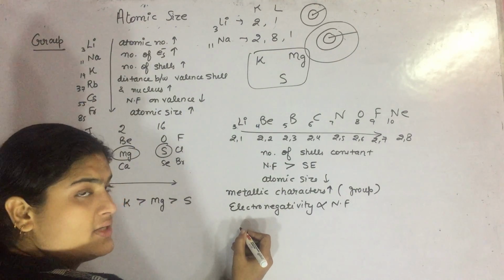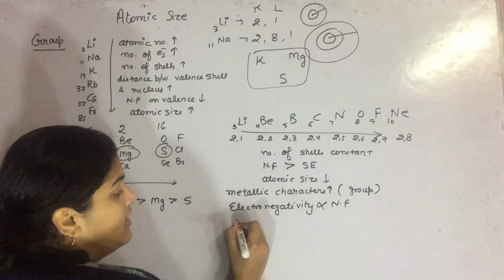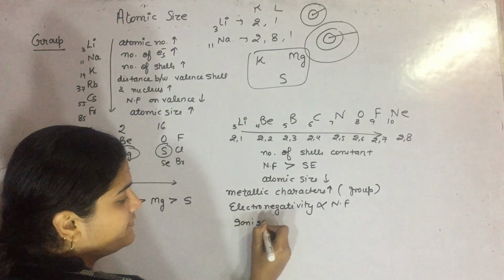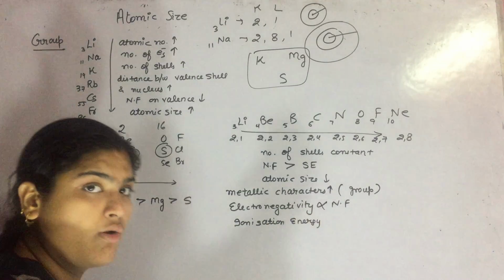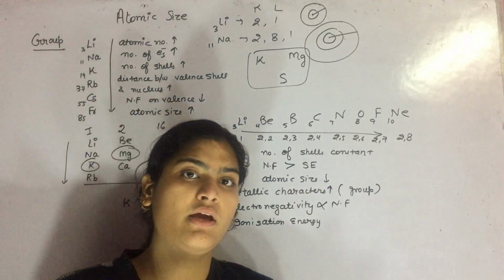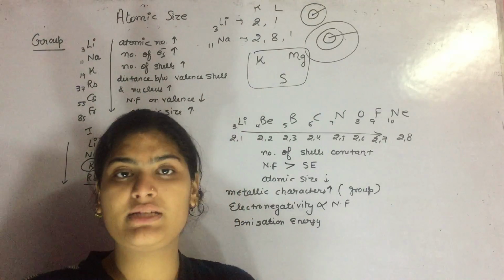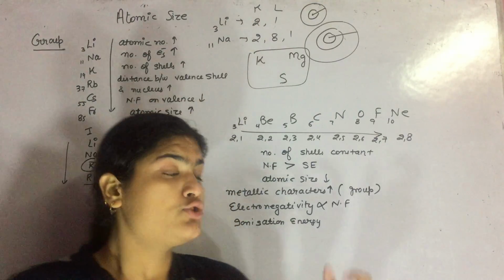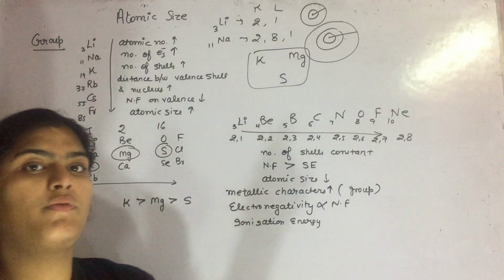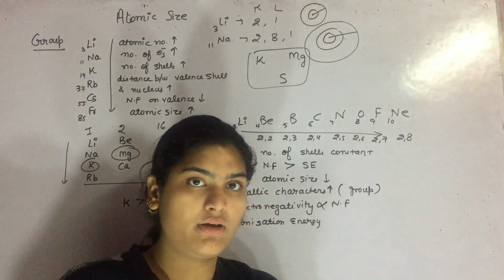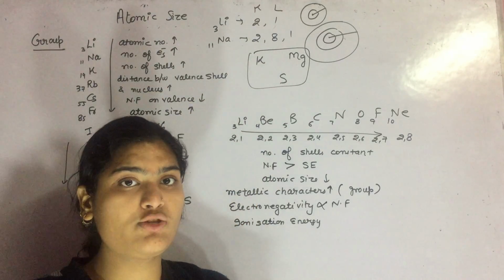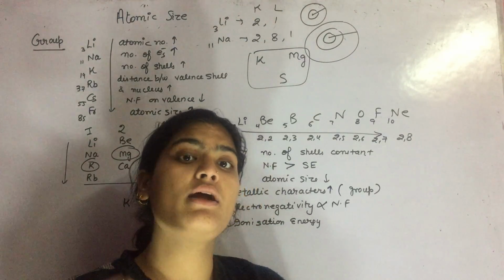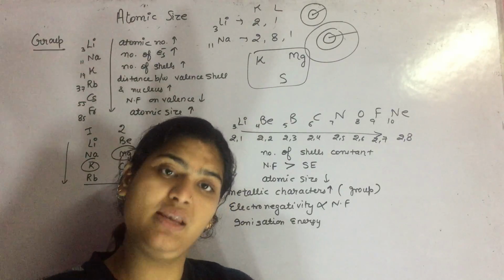If we talk about ionization energy, it is the energy required for an element to remove an electron from its outermost shell. If the size of an element is large, then it is easy to remove an electron, so the energy required to remove the electron will be less.